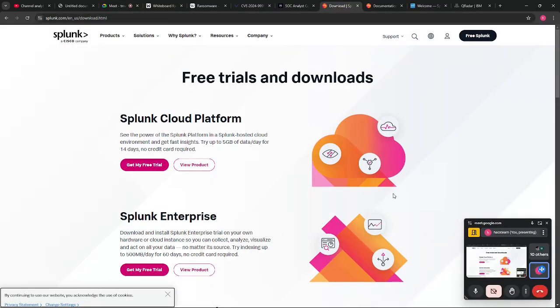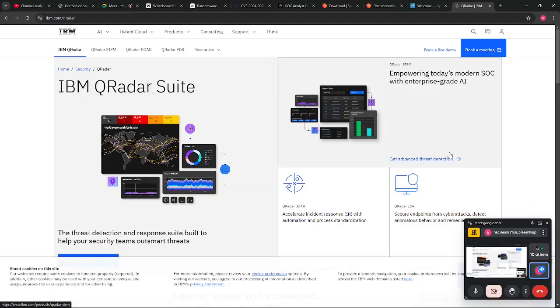IBM QRadar is also an enterprise-grade SIEM solution, and it is used for threat detection, incident response, and compliance management. So the chances are very high that if you are applying to two companies, both may be using a different SIEM tool. For that purpose, if you learn multiple tools, the chances of getting selected are really high.